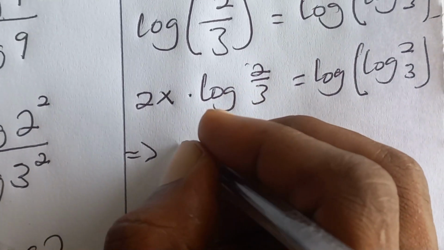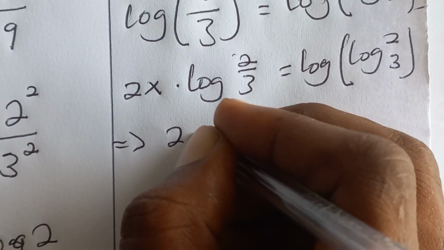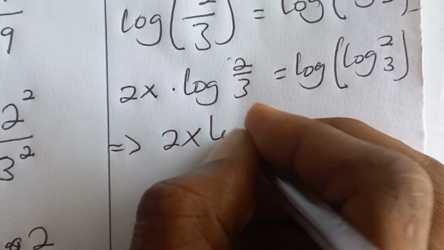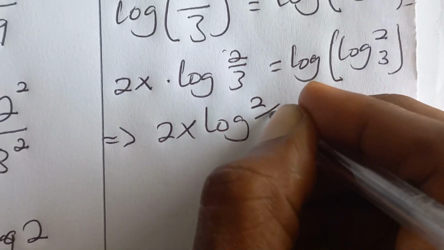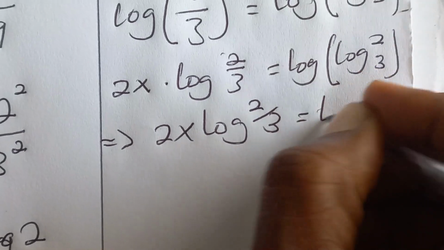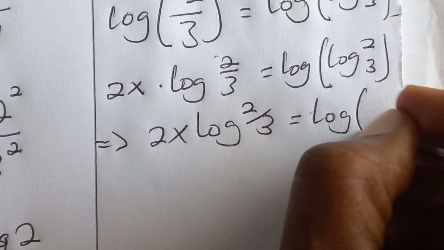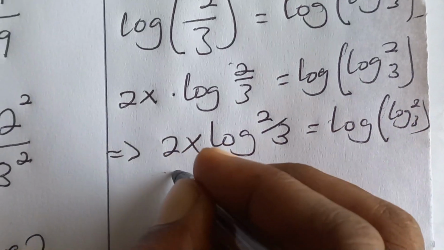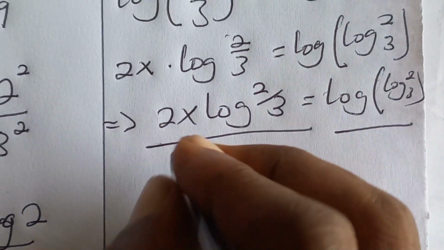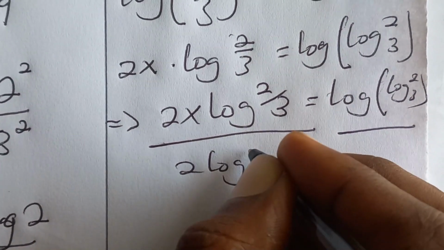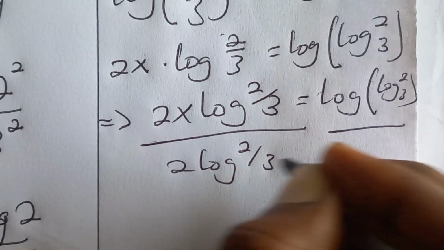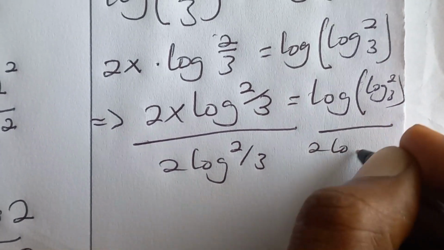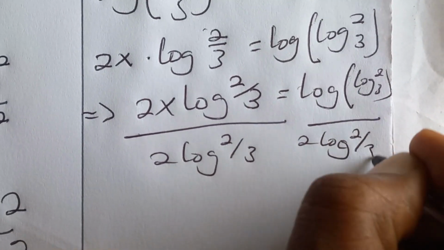Okay. So we are going to get 2x log 2/3, which is equal to log of log 2 base 3. So we divide both sides by 2 log 2/3.